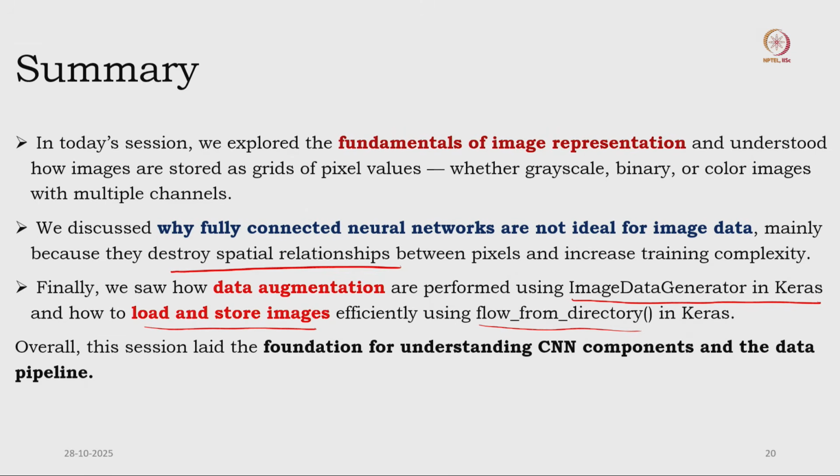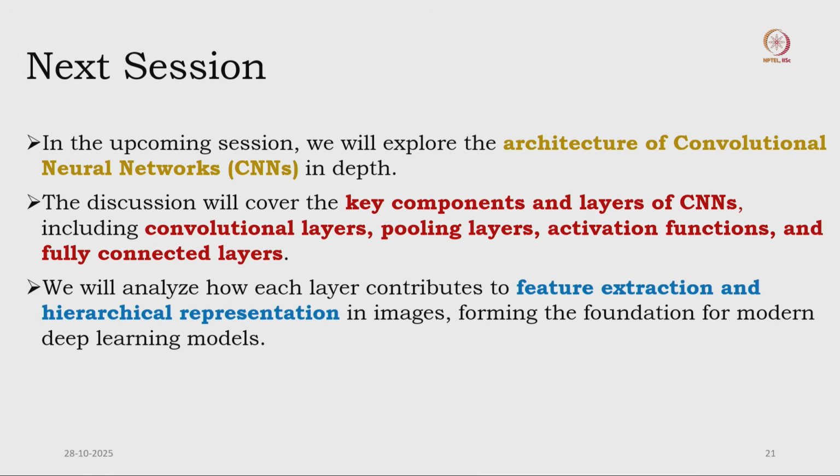So, with this we have seen the basic fundamentals. This will lay a strong foundation for understanding the CNN components, which we will be doing in the upcoming session. In the next session we will go into the architecture of convolutional neural networks, where we will see the key components and the different layers in a CNN.